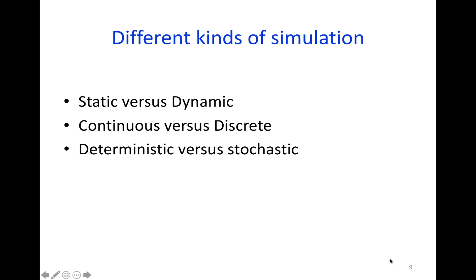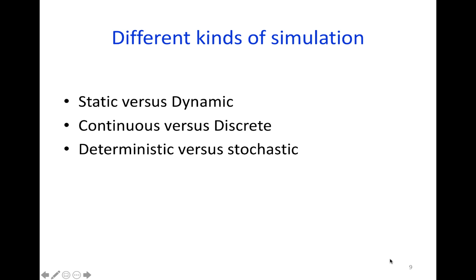But there are also discrete time simulation models in which the characteristic of interest changes at discrete points of time in the system. For example, if you want to know how many customers we are answering every hour in a bank, or what is the production rate in the production process.